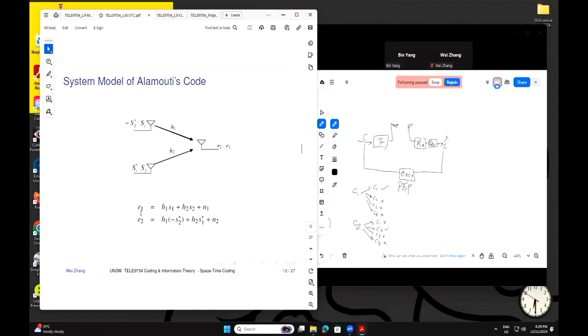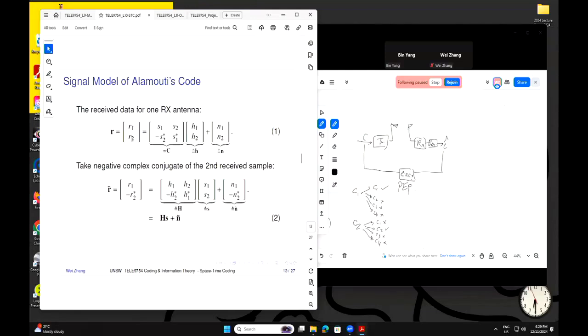So that's why we get R1, R2, right, at the receiver side. And then we can rewrite R1, R2 in a column vector so that we can get this expression. So you see, for brevity, this is R equals C times H plus noise. C is the orthogonal code, H is the channel vector, H1, H2, and noise is also a vector. That's it. Okay, you just bear this in mind. R equals CH plus N, that's equation 1.